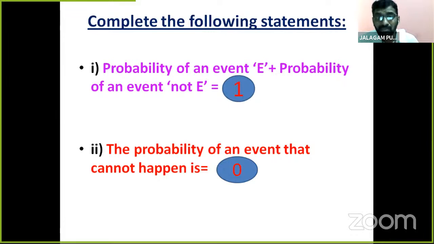So this is called an impossible event. If the probability is 0, that is called an impossible event. The first one is related to complementary events, the second one is the impossible event.